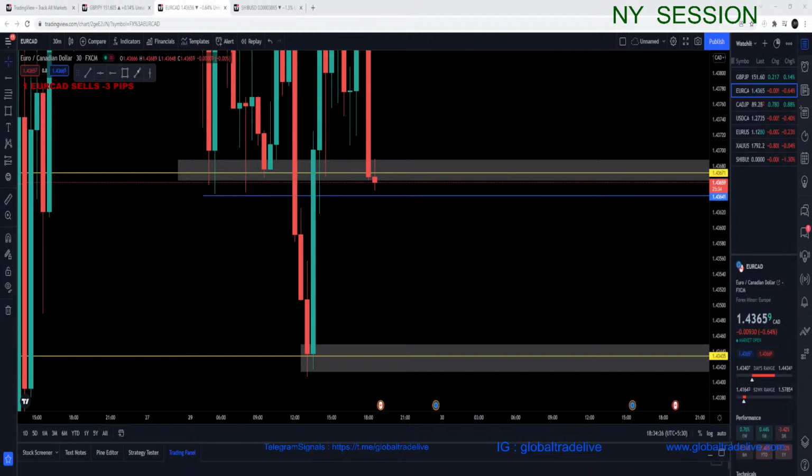Okay, I think anytime it can now break the lows over here, and price will continue to push down.